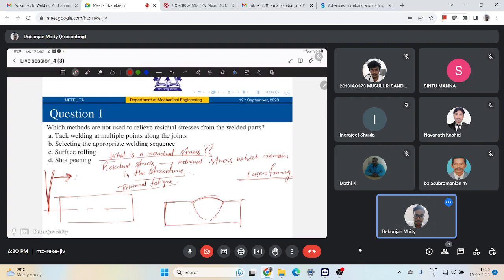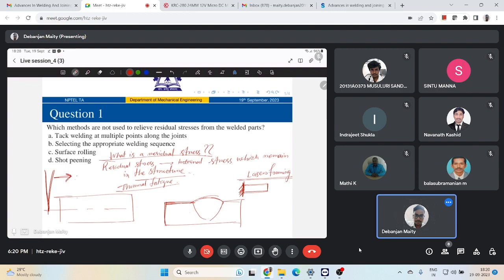Now, whenever you are heating a material, let us assume this is a bar element, some kind of bar element where this is fixed at one end.